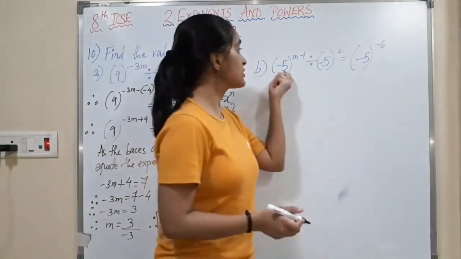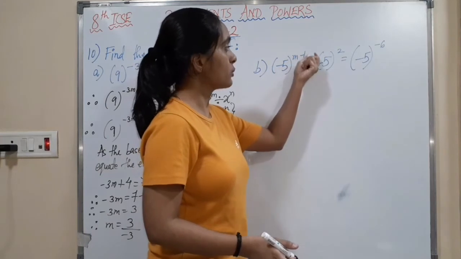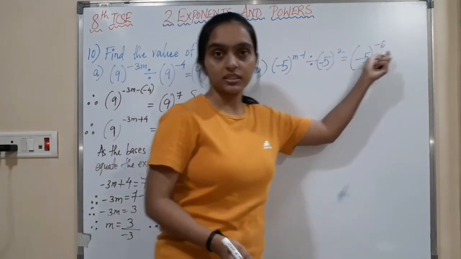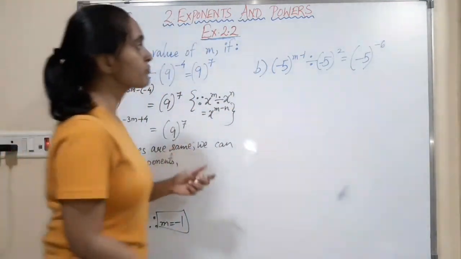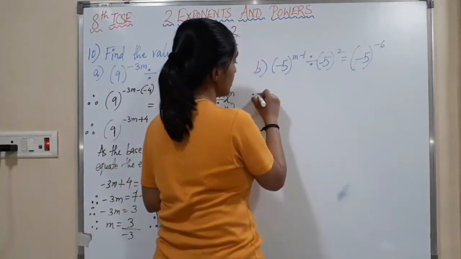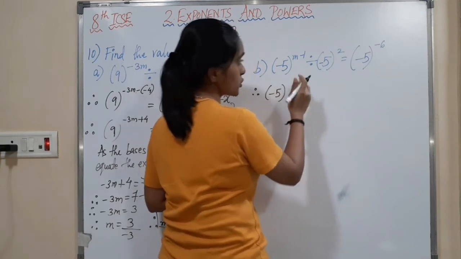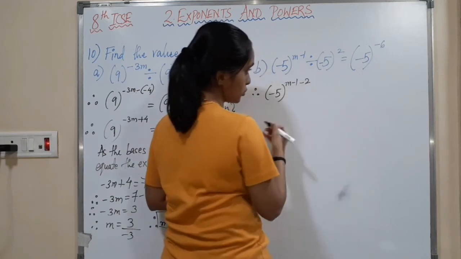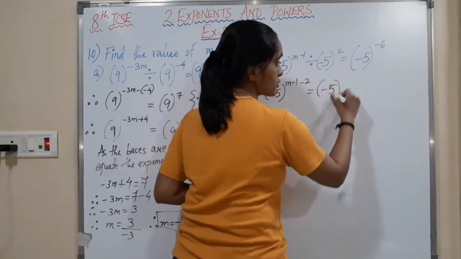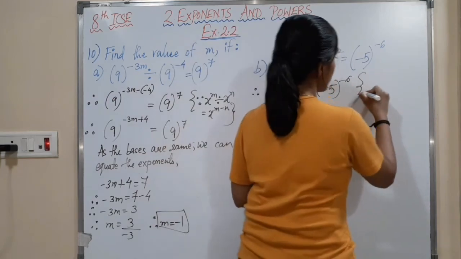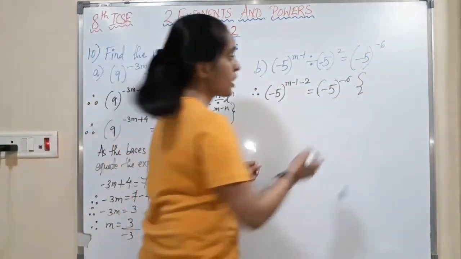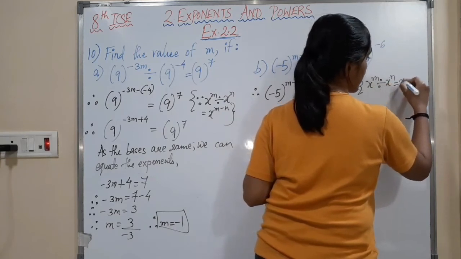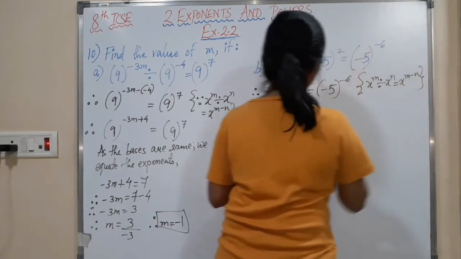Now the second question is minus 5 raised to m minus 1 divided by minus 5 raised to 2 equals minus 5 raised to minus 6. This is exactly the same sum. So you will get minus 5 raised to m minus 1 minus 2 equals minus 5 raised to minus 6, by using the same law: x raised to m divided by x raised to n equals x raised to m minus n.